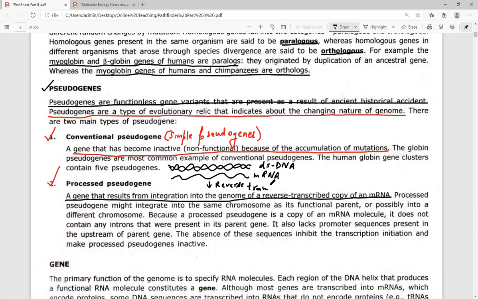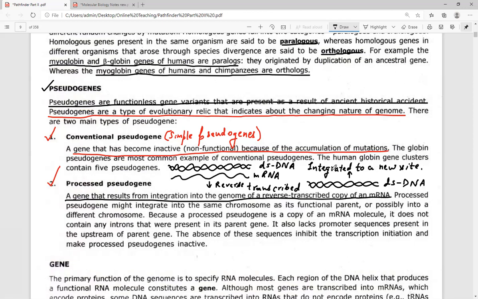Once it has been reverse transcribed, it will lead to the formation of a DNA molecule. And this DNA molecule which has been produced will get converted into a double-stranded DNA molecule. This dsDNA molecule will be integrated to a new site.